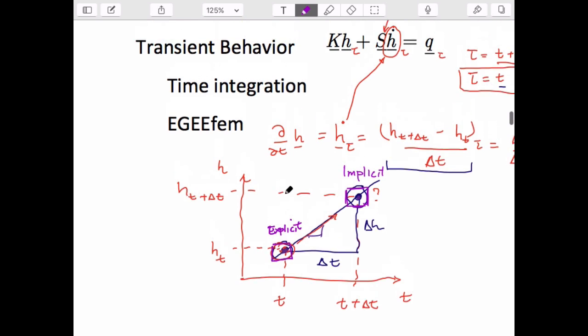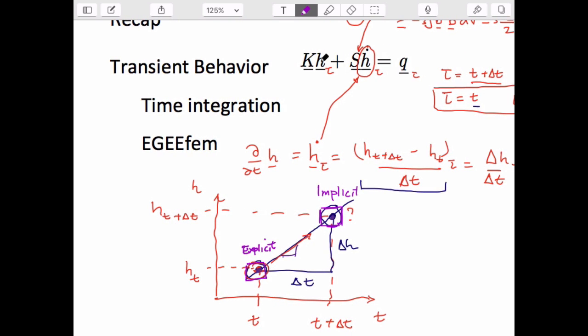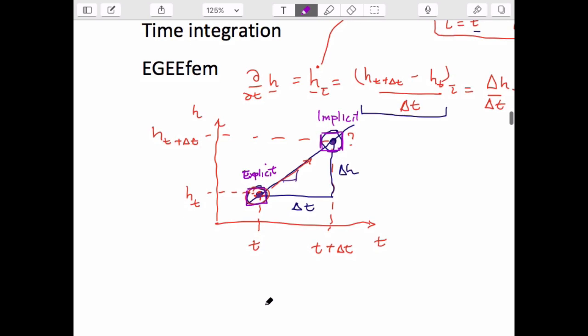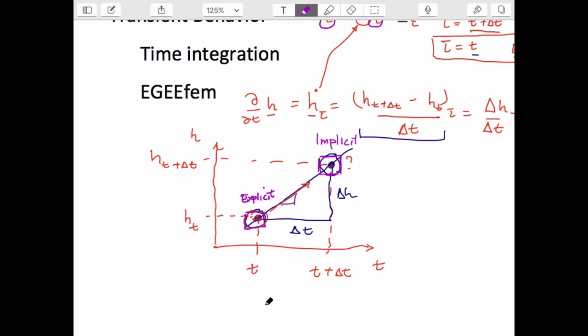And as you recall, all we did was we actually wrote this equation at that particular location. So we could write it either at this point, t plus delta t, or we could write it at t, and we ended up getting these two very different solutions. Implicit, unconditionally stable, explicit, conditionally stable.